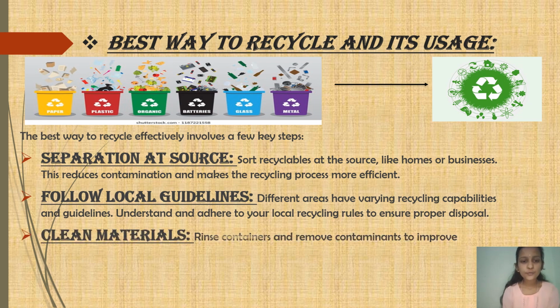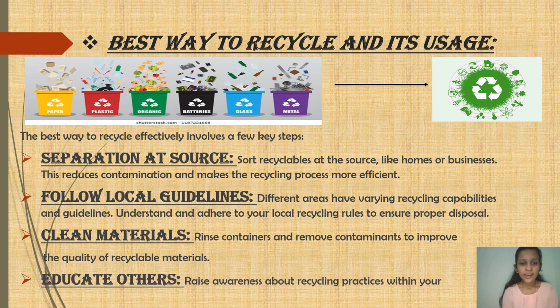It is important to follow the rules, regulations and guidelines of the particular area to ensure proper disposal. Clean materials. It is important to clean the materials and remove the contaminants to improve the quality of recyclable materials. Educate others. It is important to educate others by creating awareness about recycling practices.